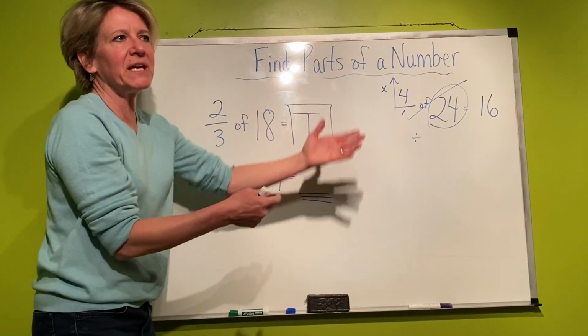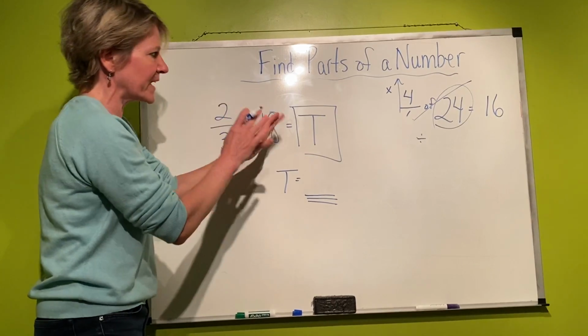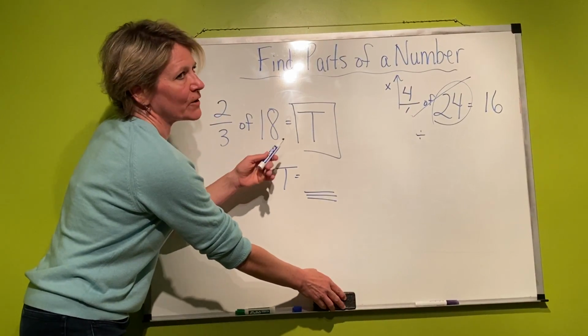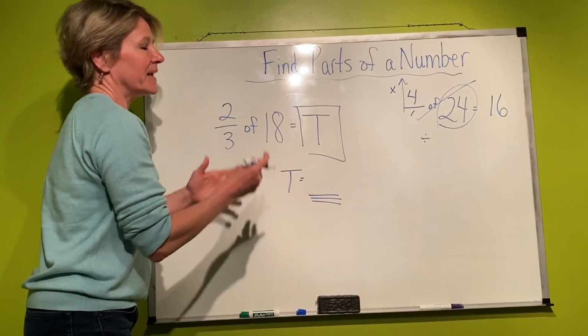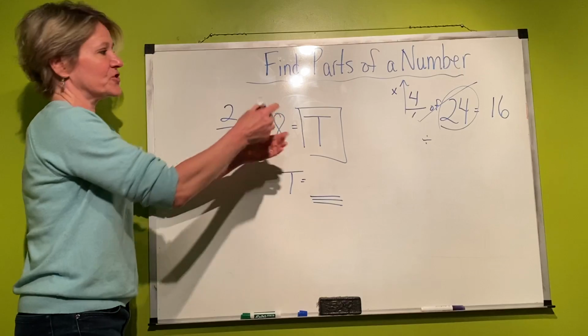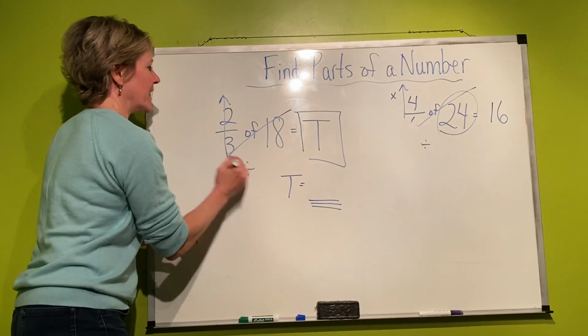And they're going to use a B, and they're going to use an X, and they're going to use a T and an S. They're going to use random letters. But really, it's just their way of trying to make it fancier than it is. It never changes, boys and girls. It's just zigzag. Divide, multiply.